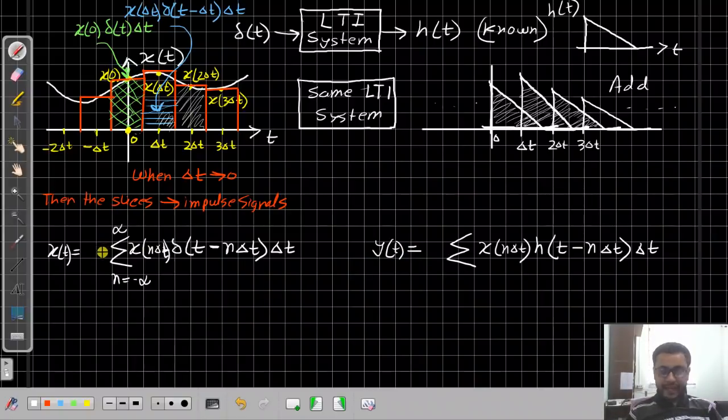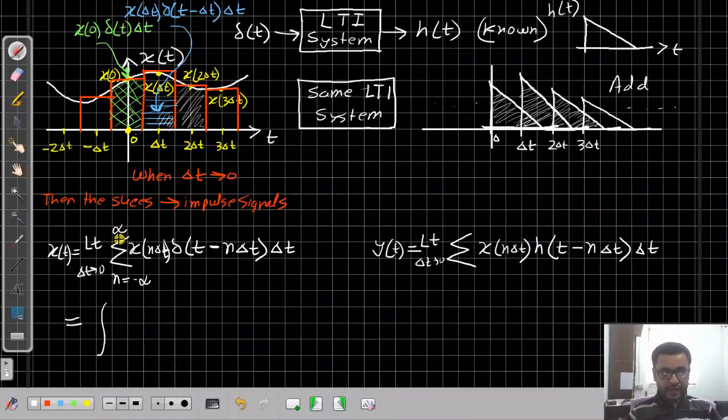Now to be accurate, I should make these slices very narrow, so I should take the limit delta t tending to 0 on this output side also. Therefore I shall have the same limit delta t tending to 0, and therefore this summation can be turned into an integration.